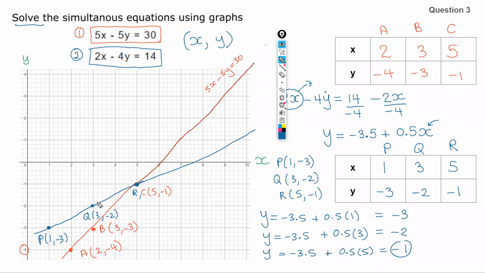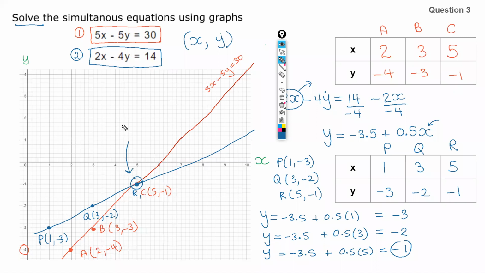All you are doing is, when you draw the 2 graphs, you are looking for where the graphs meet. Does everyone agree that the 2 graphs meet over here? The 2 graphs intersect or collide at this point? And that point happens to be R or C? Great. That's the solution to the simultaneous equation.